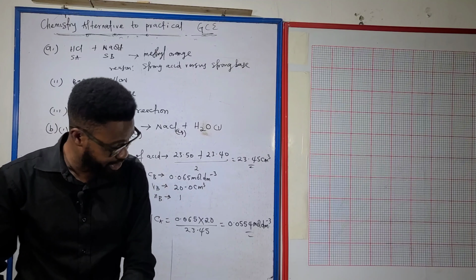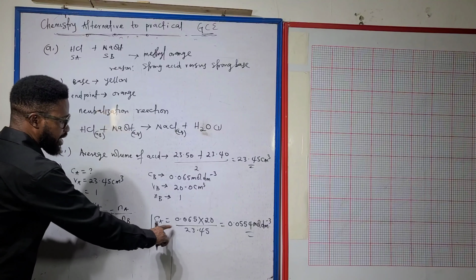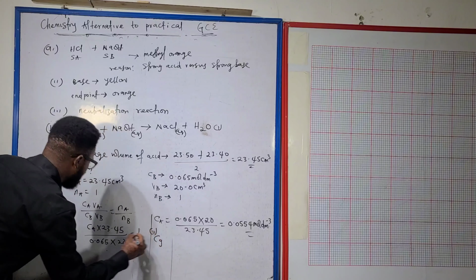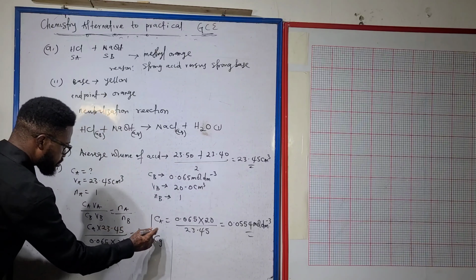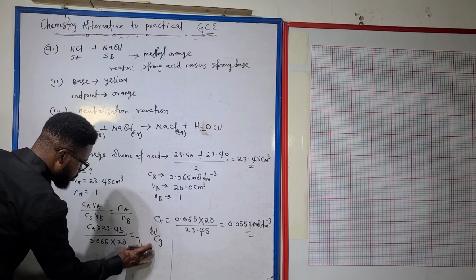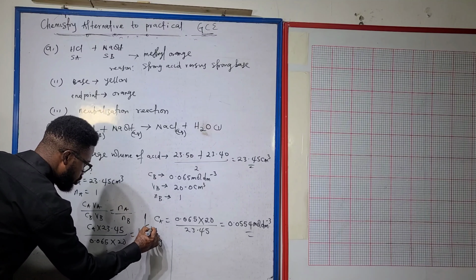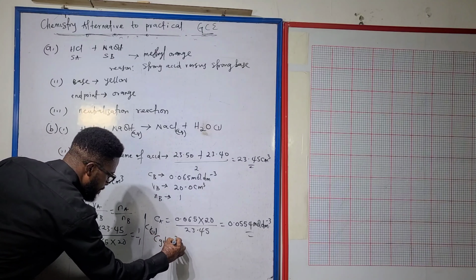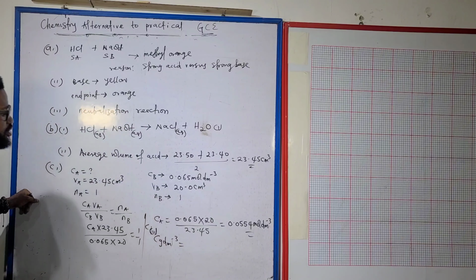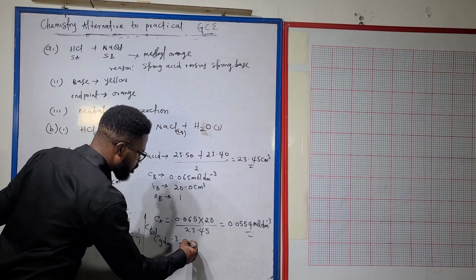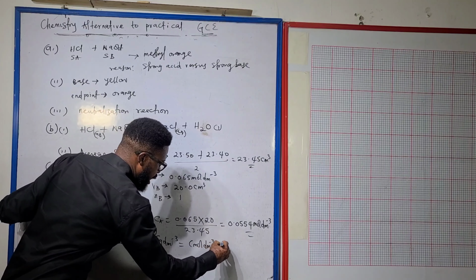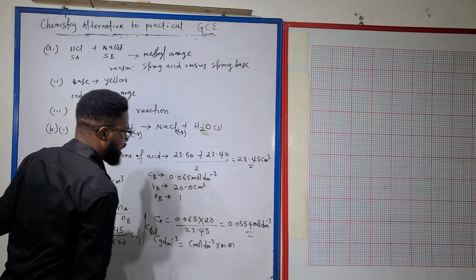Concentration of the acid in gram per dm cube. Of course, I was told to get this in gram per dm cube. That's C2. Concentration in gram per dm cube is going to mean concentration in mole per dm cube times molar mass.